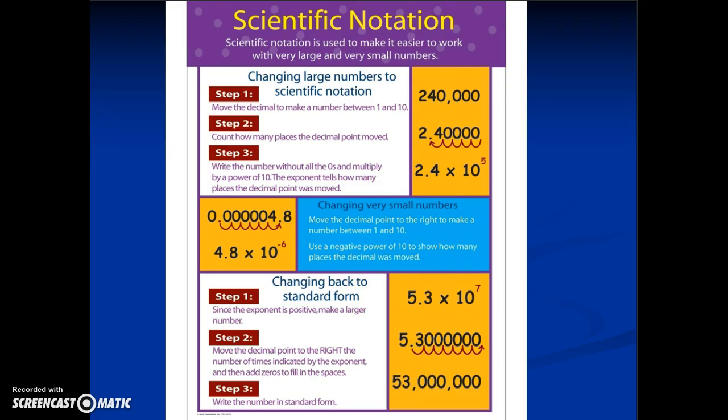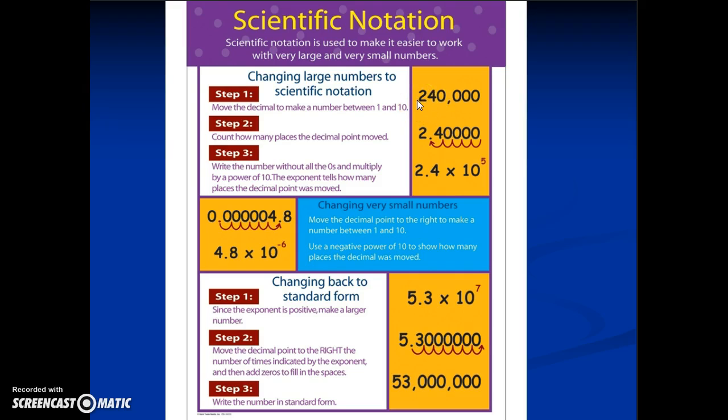This diagram shows how to convert to and from scientific notation. Here in step 1, move the decimal to make a number between 1 and 10. And so for this particular number, 240,000, the correct placement of the decimal is between the 2 and the 4.